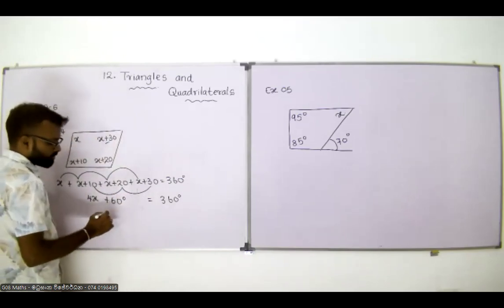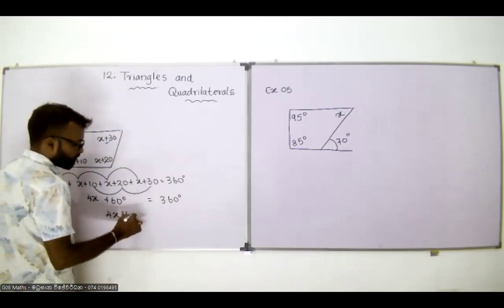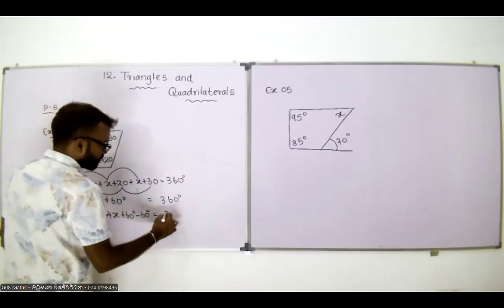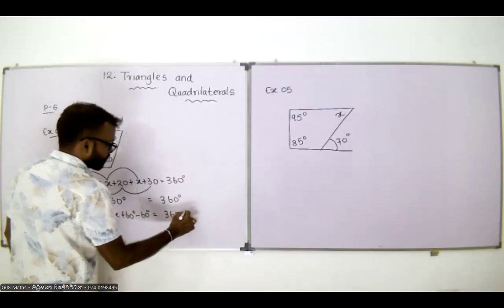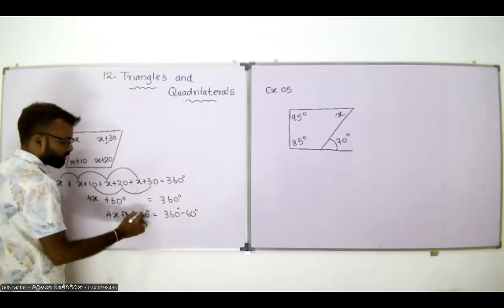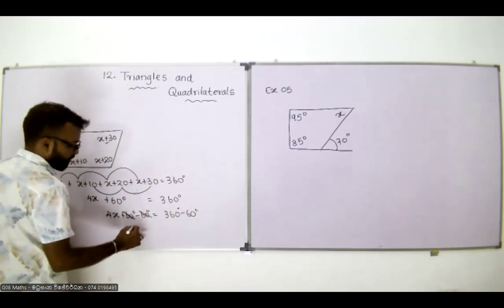If you want to remove this 60 degrees, you may subtract 60 degrees from both sides: 360 degrees minus 60 degrees. Positive 60, negative 60 cancel out.